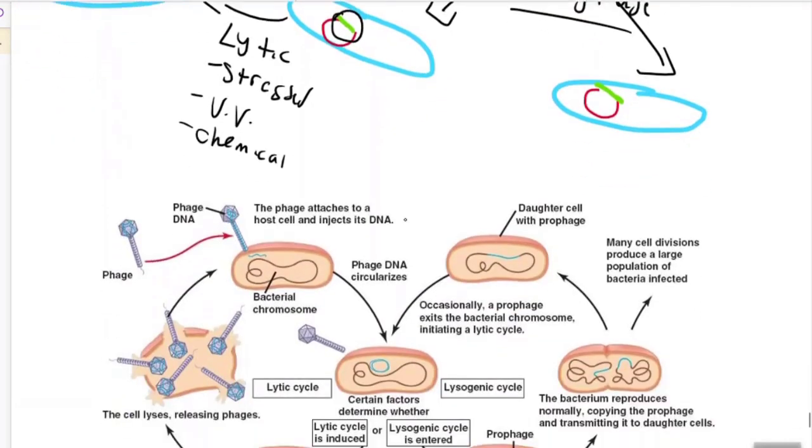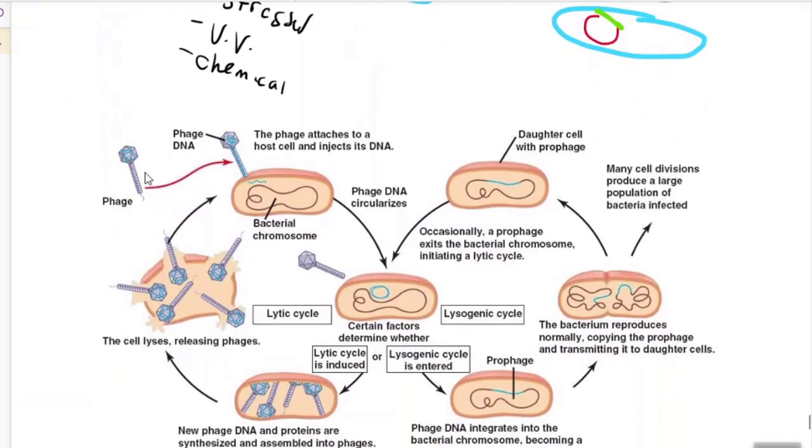So once again, pretty picture. A virus comes in, a phage, and it's going to attach to the bacteria, and it's going to inject its nucleic acid into the cell. The nucleic acid could immediately start replicating and forming new virions, which will lyse the cell and go off and cause more infection.